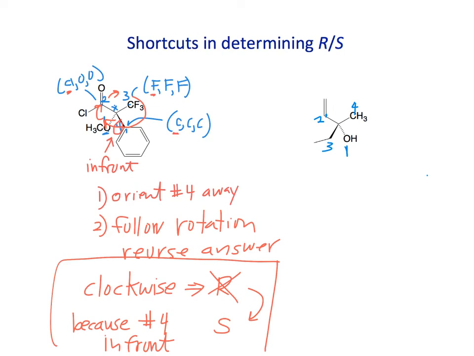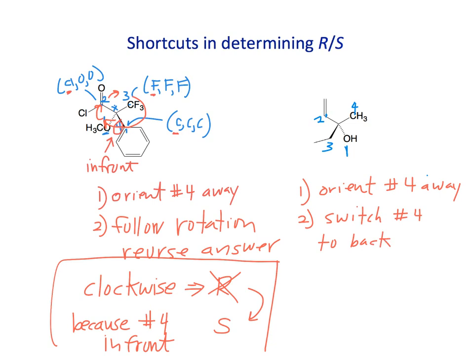So the shortcut we can do for this case is that we can either follow the rule. We either orient number 4 away, and then we just follow the rules. Or our shortcut is to switch number 4 to the back.